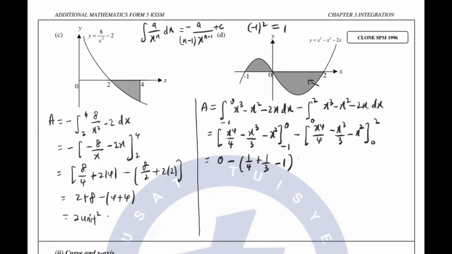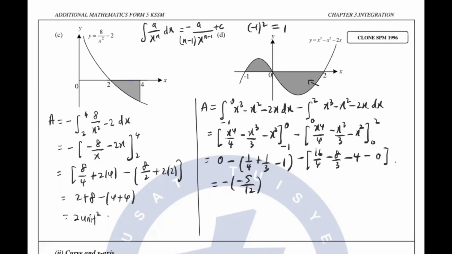Okay. Now next, let's put 2 inside. 2 power 4, 16. 2 power 3, 8. 2 power 2 is 4. Put 0 inside. So this is 1/4 plus 1/3 is 7/12. 7 over 12 minus 1 is -5/12.